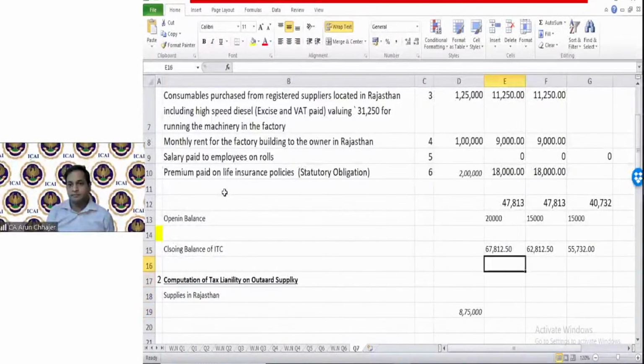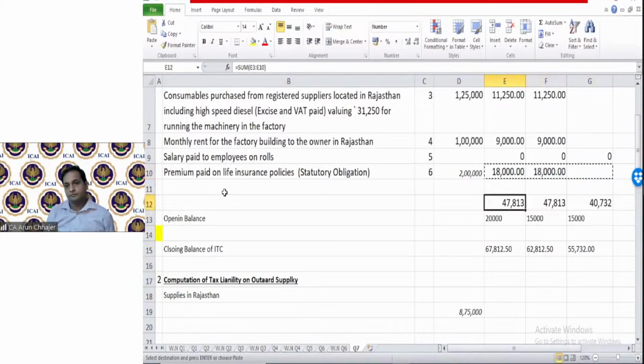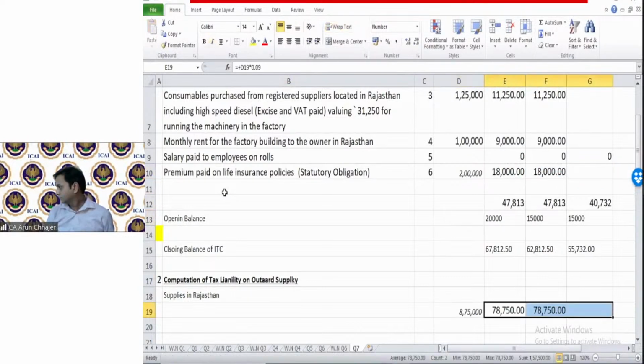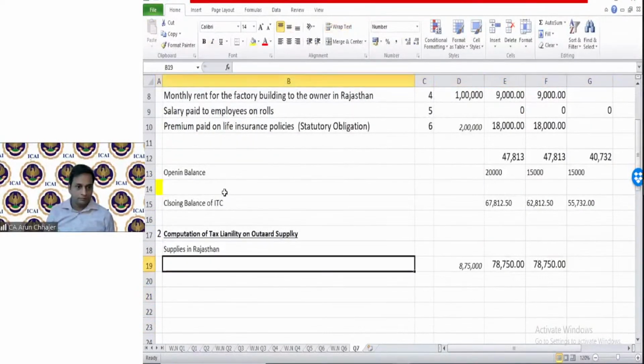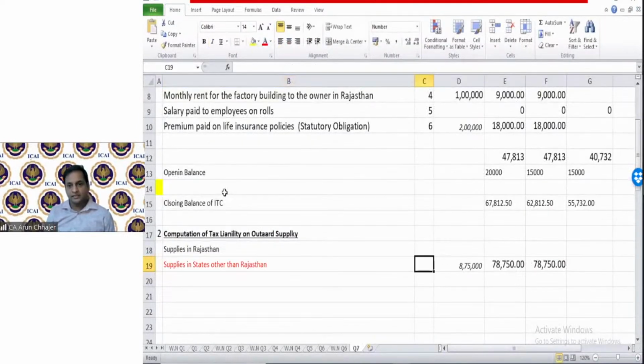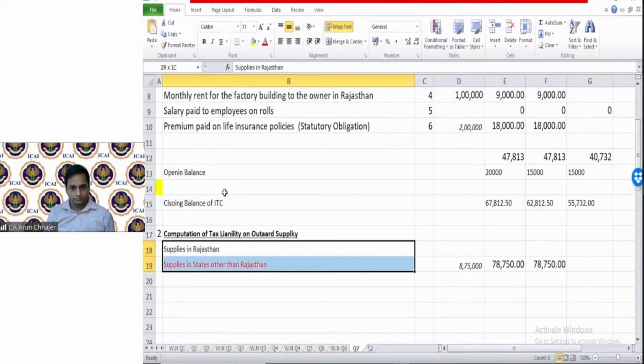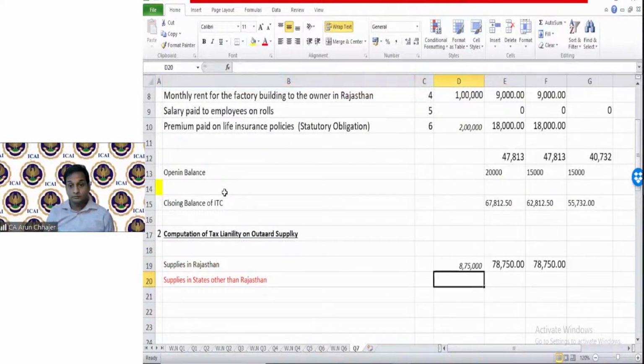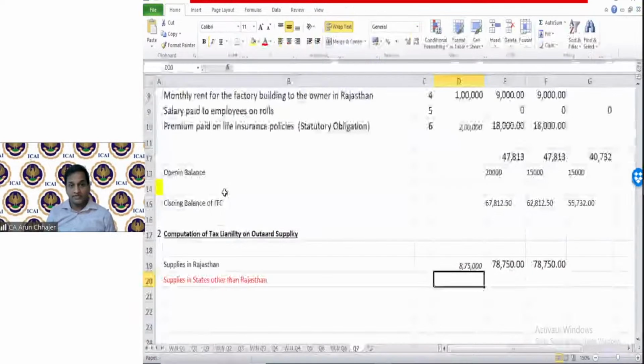So I can say simply it will be... Supplies in the state other than Rajasthan: 3,75,000.